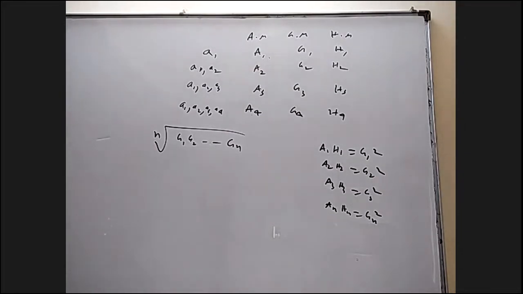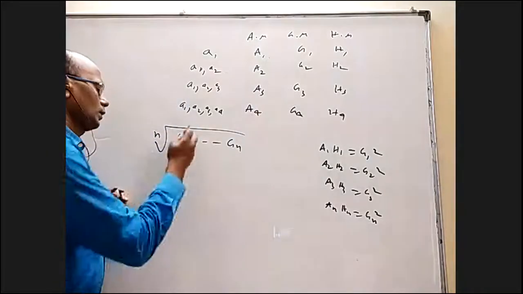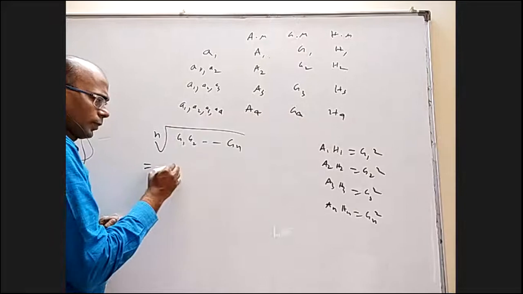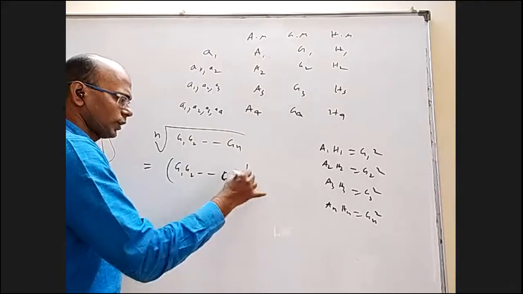This is 37. In section 1, there is no answer given. I think this should be the answer. So this can be written as G1, G2, so on up to Gn whole power 1 by n.